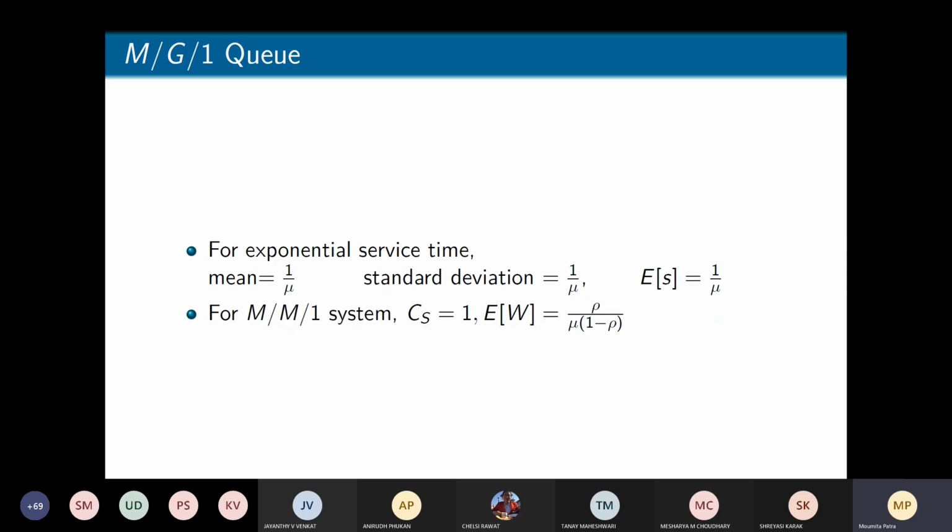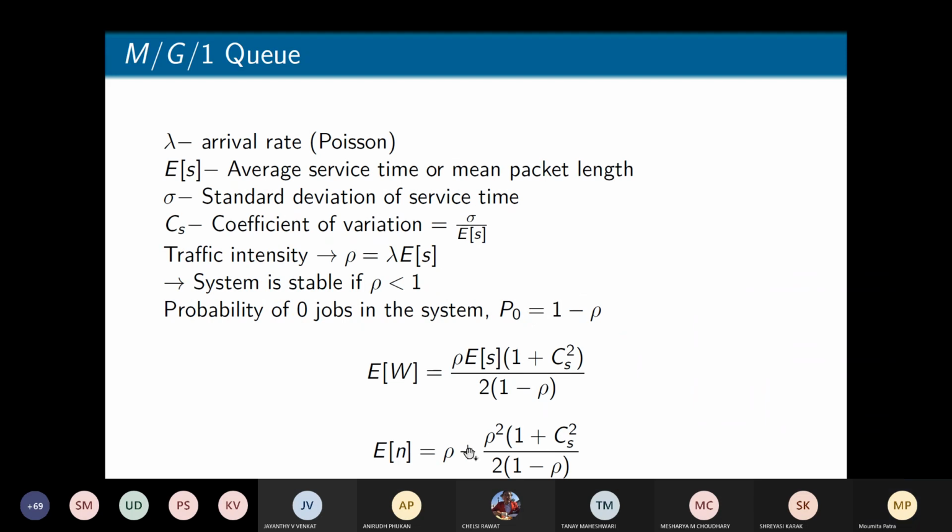So basically what is being said here is that this is the general distribution result, and MM1 is a special case of it. From MG1 you can see that if you put variations, that is if you put MD1, where everything is known to you, then from this value of EW you can get the EW of MD1.